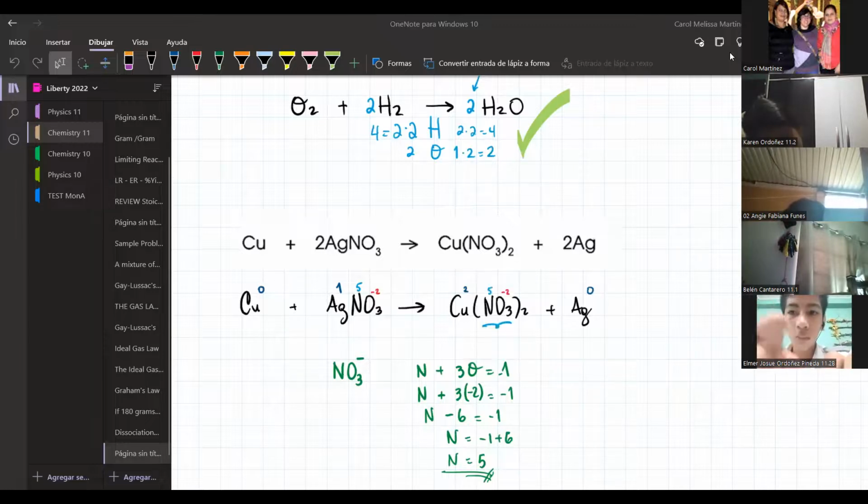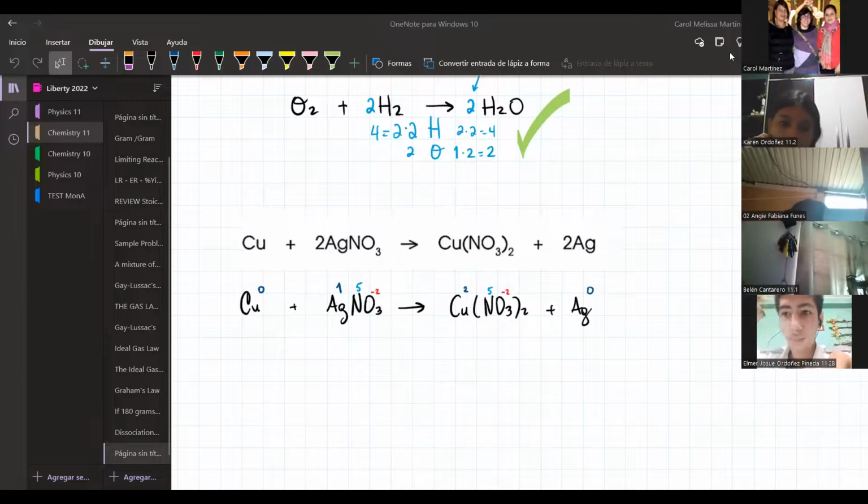Because it's nitrate, okay? You can do the whole process, but it's going to take longer. Just know that if you have nitrate or, for example, sulfate repeated on both sides, in sulfate, sulfur is going to be 6 on both sides. Doesn't matter what compound you have, the oxidation state for the polyatomic ion is going to remain the same.